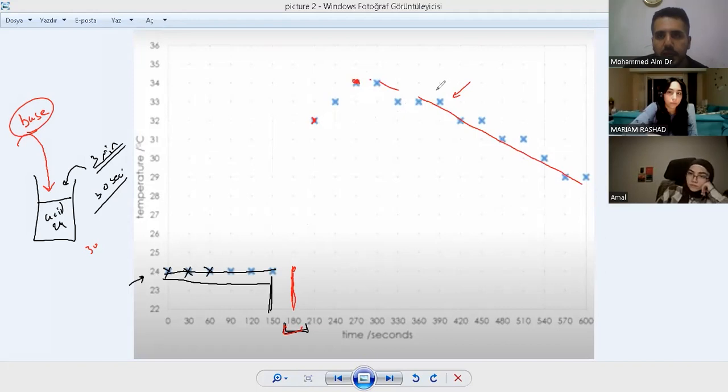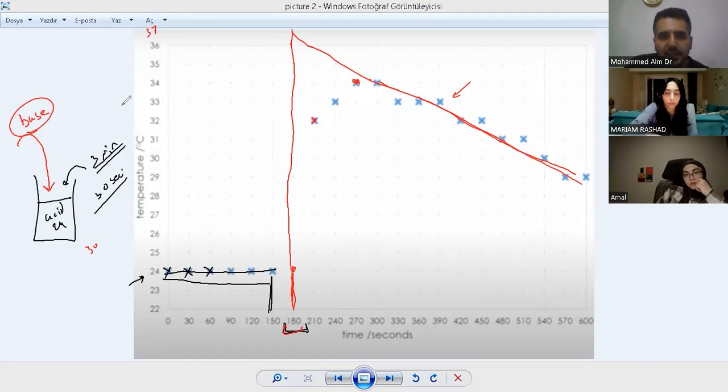The same thing will happen here as we did before. To measure the temperature change, we will draw a line of best fit, and let's say the line of best fit reaches here, to 180, the time when we mix the acid and base. Let's say here, 37, for example.